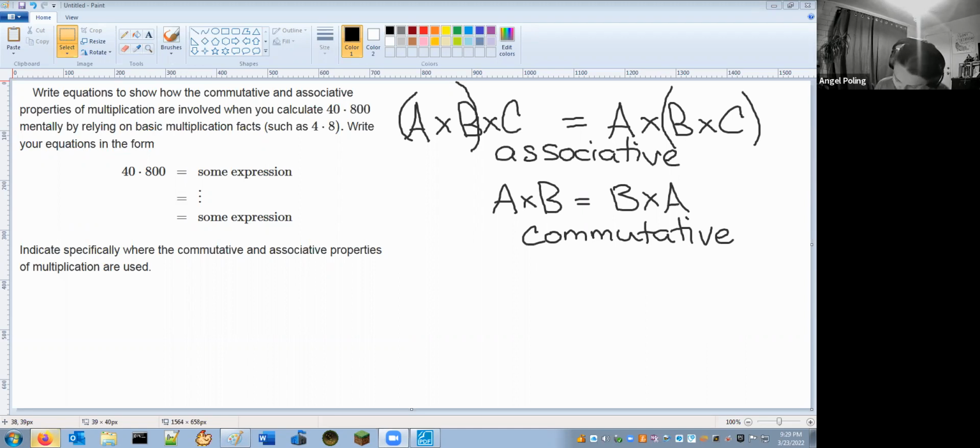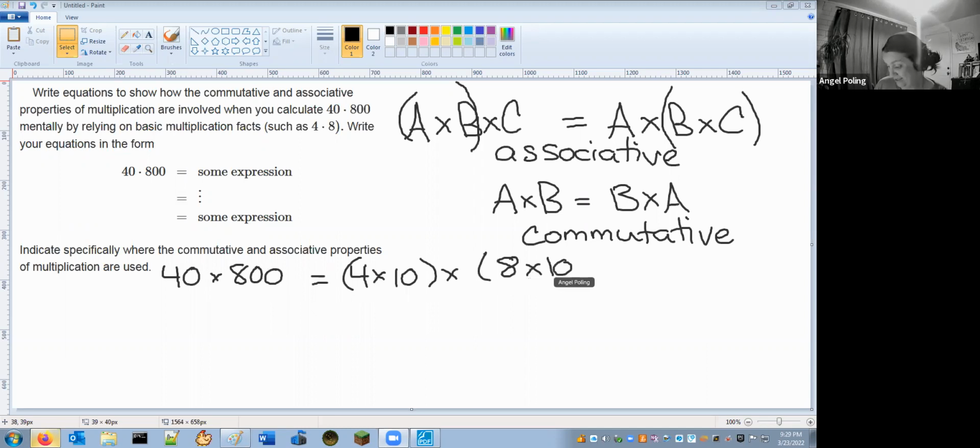Okay, so what we did though was 40 times 800. I first had to split it into 4 times 10 times 8 times 10 times 10 in my head. Maybe I left it 100, I don't really know. And then I moved the 8 and this 10, right?